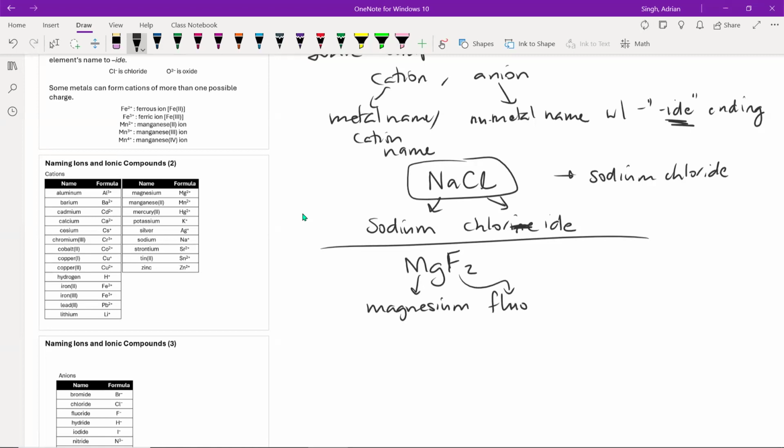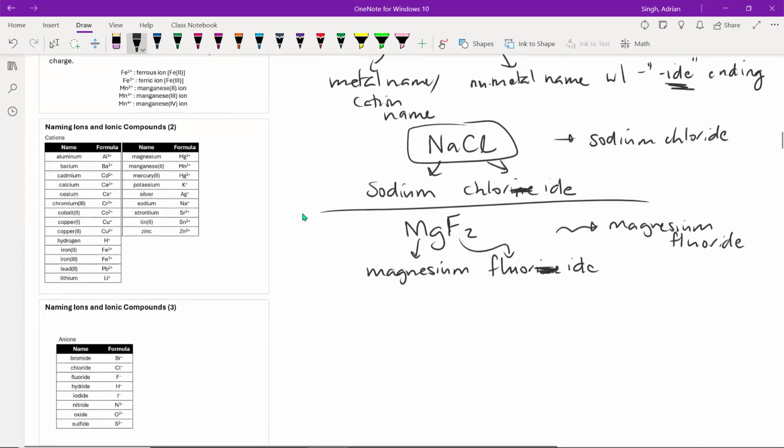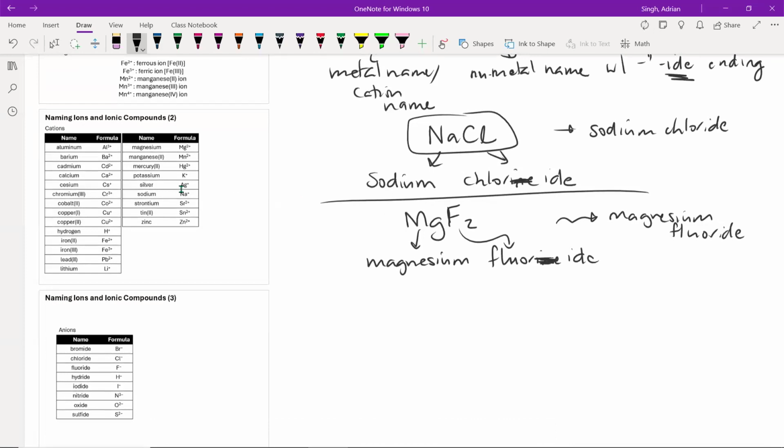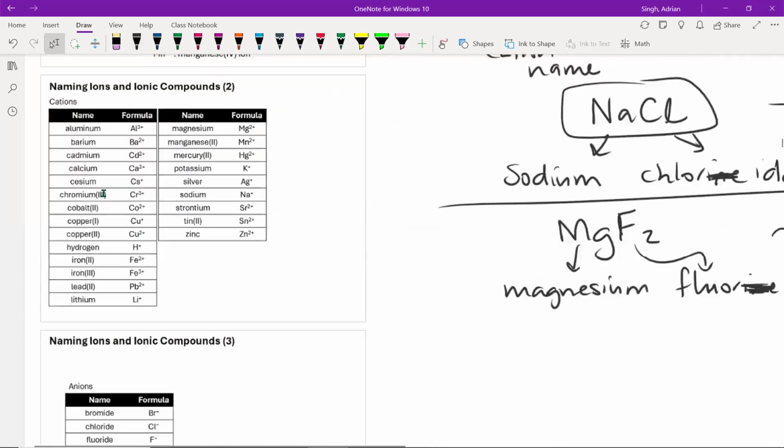This is an ionic compound. So I actually have the fluoride ion. So I drop the INE, replace it with IDE. So this then becomes magnesium fluoride. Okay, so you want to make sure that you pay attention to the naming, and we'll see a couple of wrinkles here that we'll address in a second.